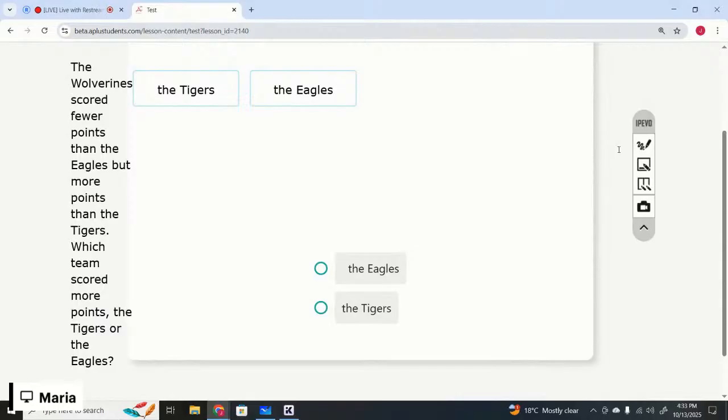The Wolverines scored fewer points than the Eagles, but more points than the Tigers.